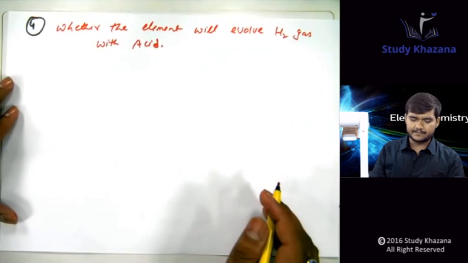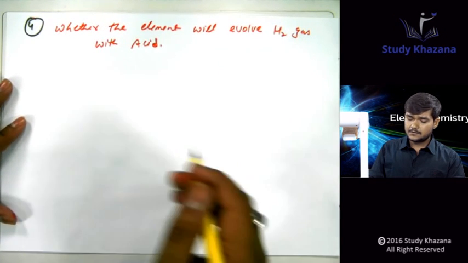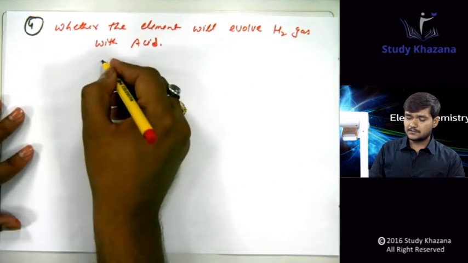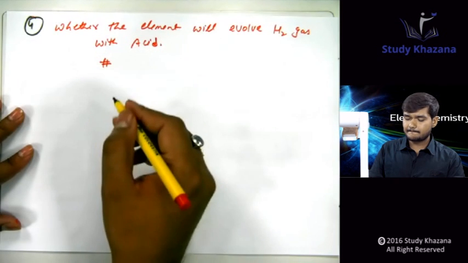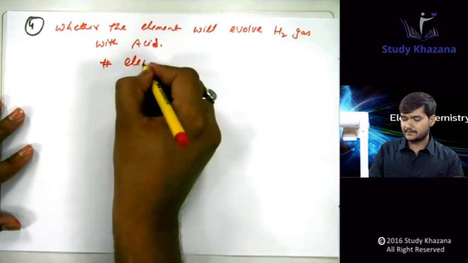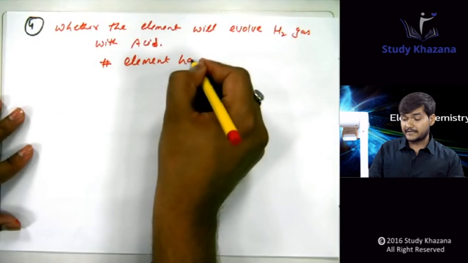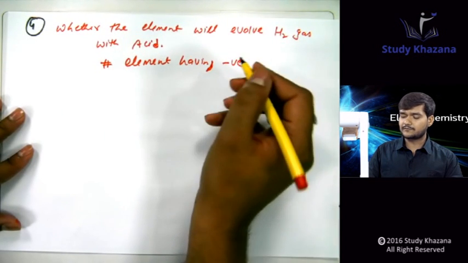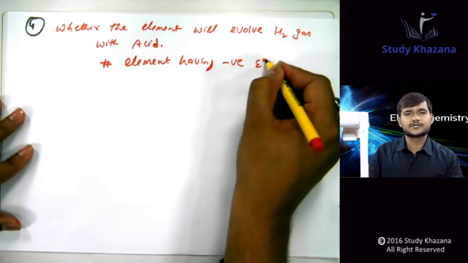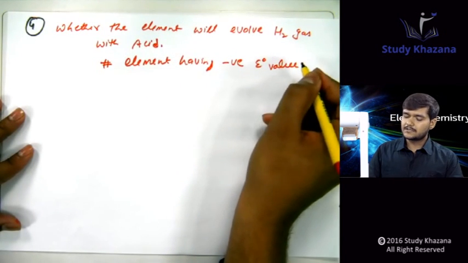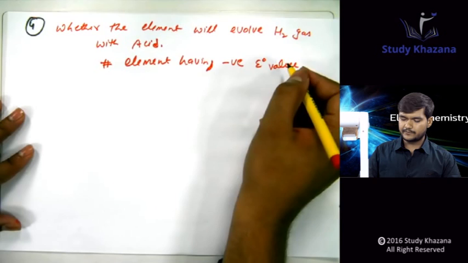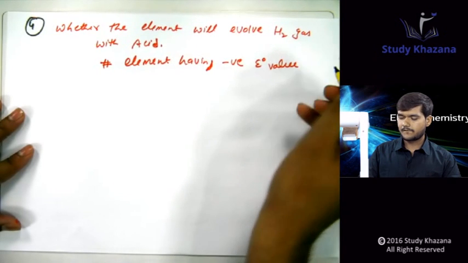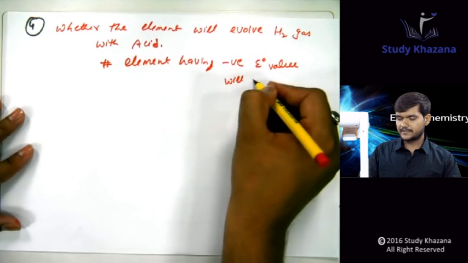The element having negative E0 value, where E0 is the reduction potential of the electrode, will evolve H2 gas.